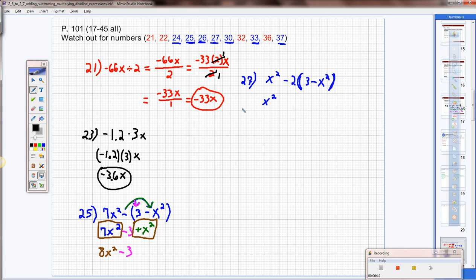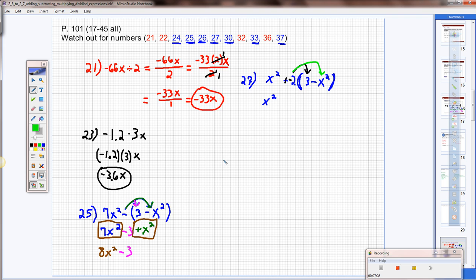We're allowed to do that by that keep, change rule I taught you. I could call this plus negative 2 if I wanted to. And that helps some people, because then they say, oh, Mr. Claxton, you're multiplying then negative 2 times 3. And then you're multiplying the negative 2 times the x squared, or negative 2 times negative x squared is what I would call that.